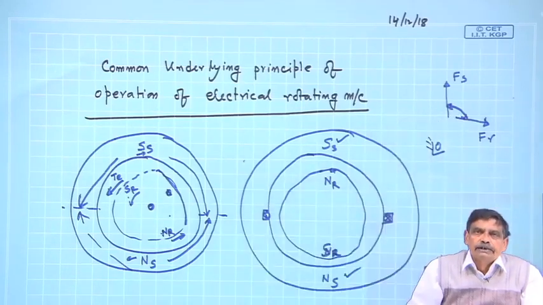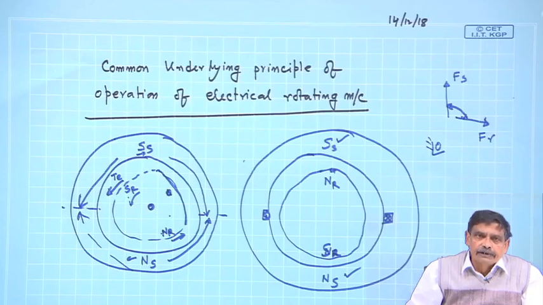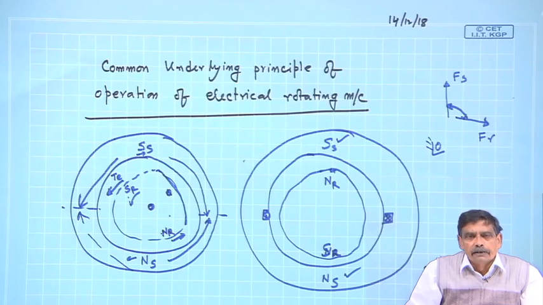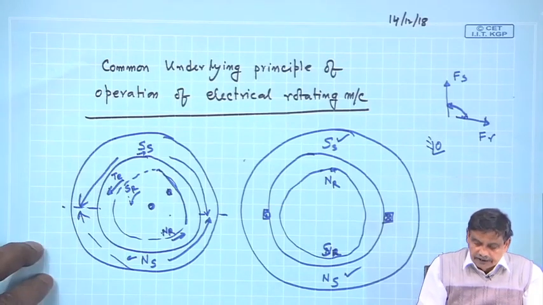Then only can this machine produce a steady constant electromagnetic torque, which is required if the motor operates at steady state conditions, applying a constant opposing torque. That was the first thing.